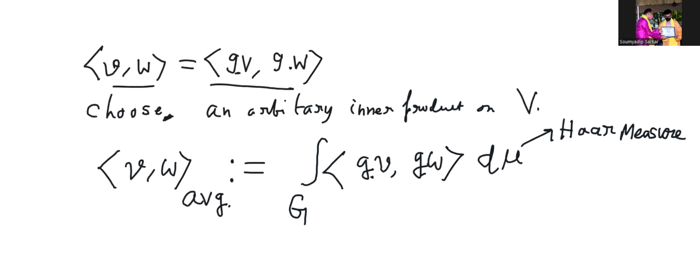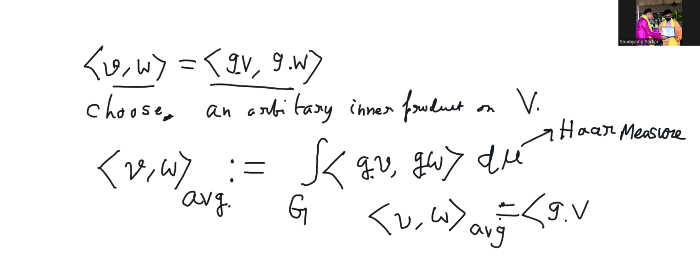So integrate this function against the Haar measure, and since the Haar measure is left invariant under the action of the group, this new inner product will also be invariant under G. That is a beautiful thing. So this will be equal to the inner product of G dot V and G dot W averaged, because average means I am talking about this new inner product, not the old one.